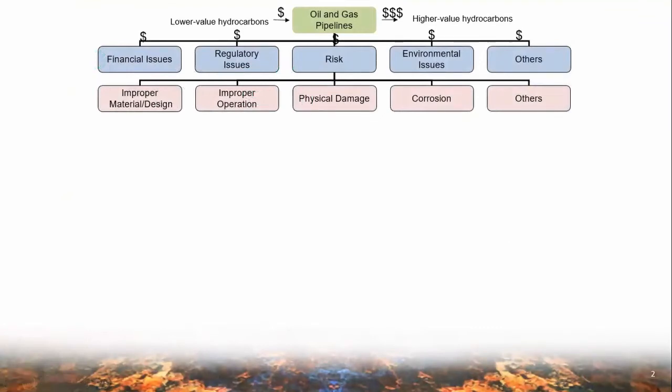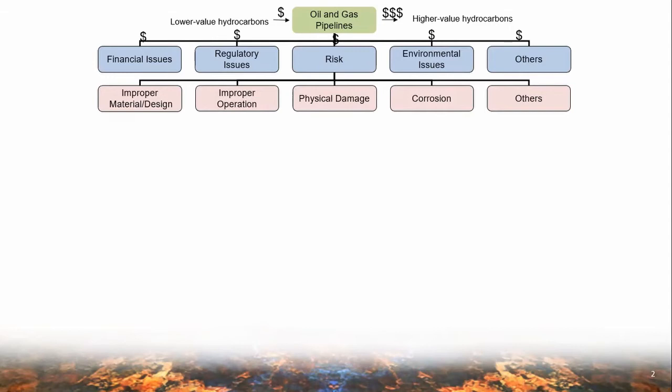Pipelines are the safest, most economical, and most convenient mode of transporting oil and gas. They exist because they convert the lower value hydrocarbons to higher value hydrocarbons. That is, the dollar value of hydrocarbons at the end of the pipeline is higher than that at the beginning of the pipeline.